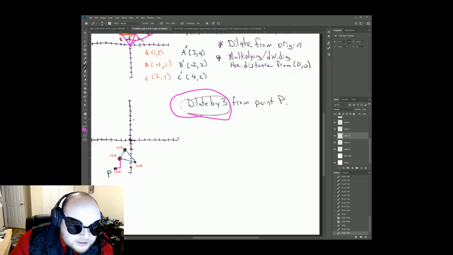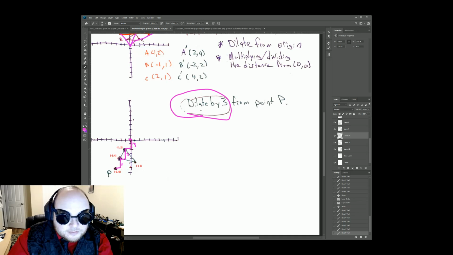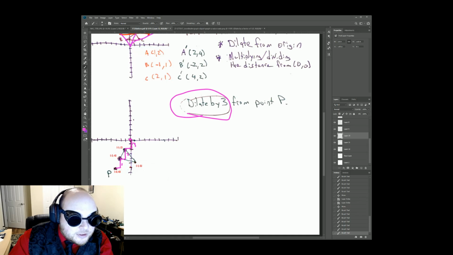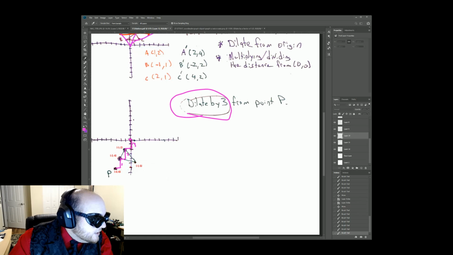So then to dilate by 3, I'm going to count over 1, up by 2, over 1, up by 2. And I did that once, twice, 3 times, because we're dilating by a factor of 3. So to dilate, literally all we have to do is count.